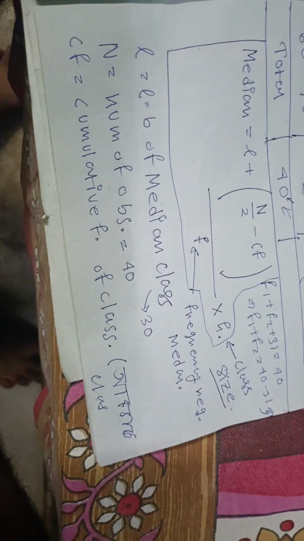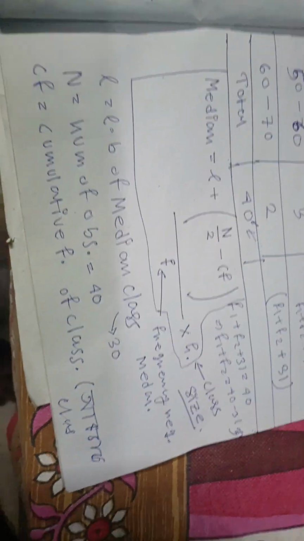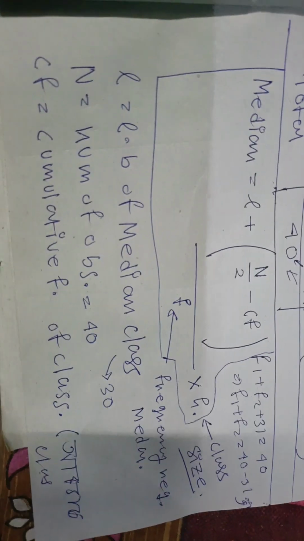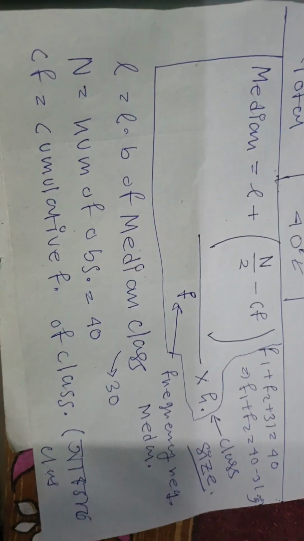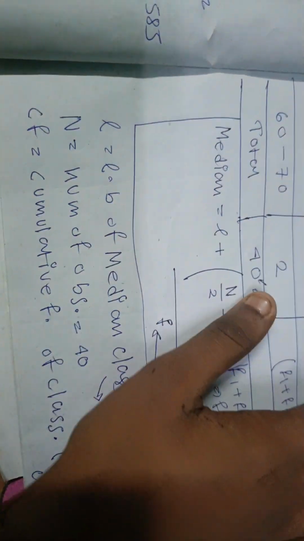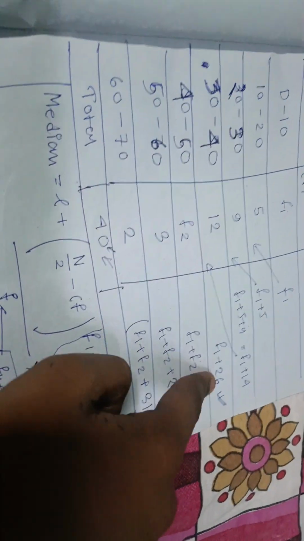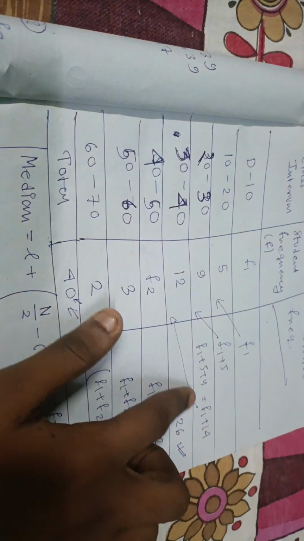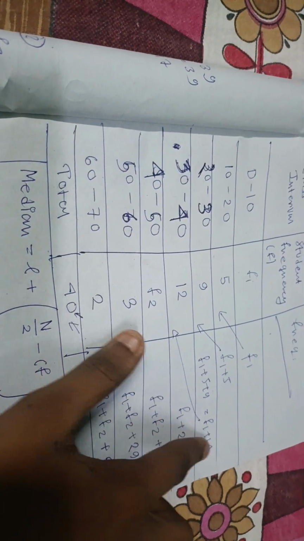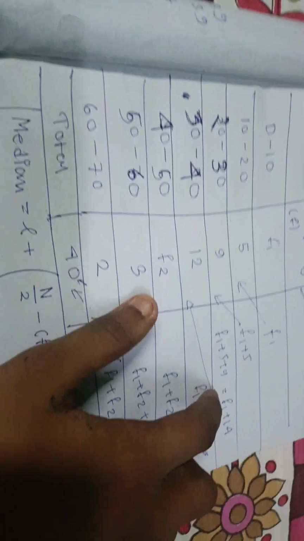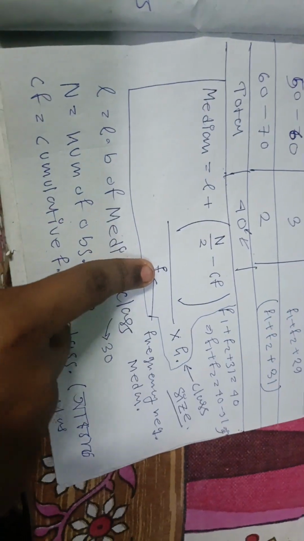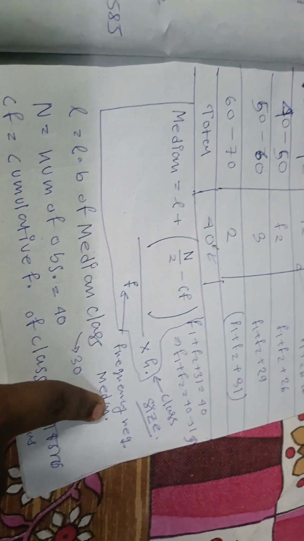Then the cumulative frequency, CF: you have to mark the class that is before the median class, that is f1 plus 14. So CF is f1 plus 14, and F is the frequency required in the median class.